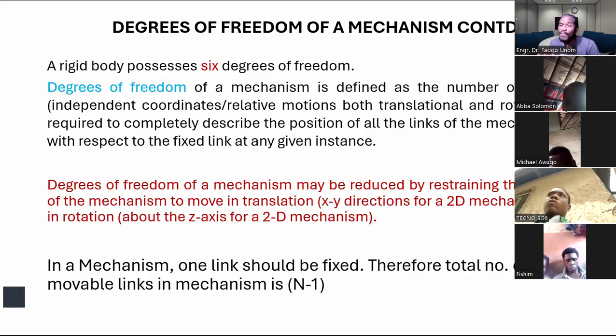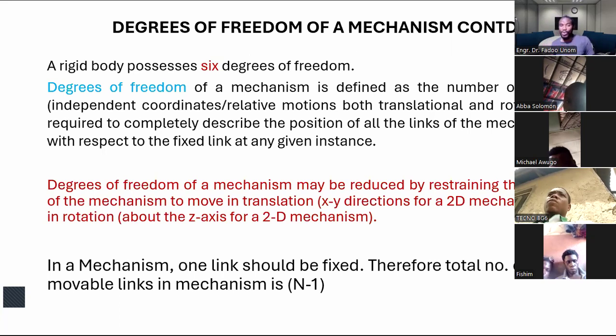We need 5 of those to describe completely where that body now is at that instant in time. So that's what degrees of freedom is: the number of inputs you need to define completely the position of all the links in that mechanism relative to the fixed link.